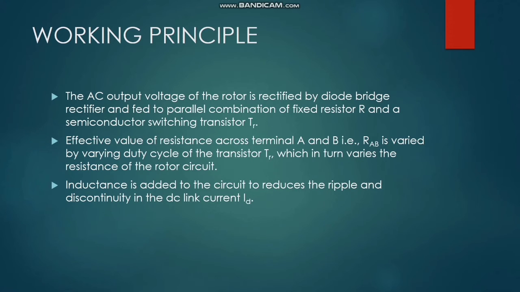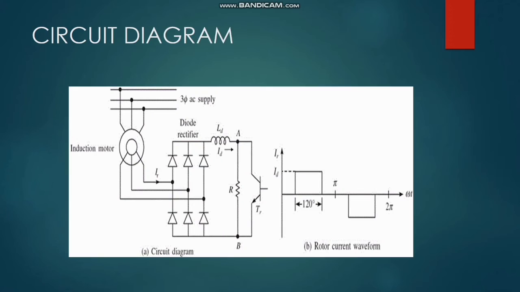The AC output voltage of the rotor is rectified by the diode bridge rectifier and fed to a parallel combination of resistor R and semiconductor switching transistor TR. Here, the rotor of the induction motor is connected to a diode rectifier and it rectifies the AC output voltage of the rotor, and it is connected to a resistor and a thyristor.